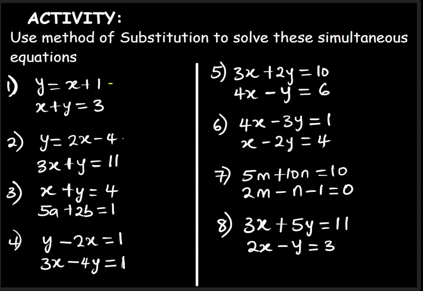So you don't need to find the subject of formula again. You only substitute what is in equation 1 into equation 2. Just substitute the value of y in equation 1 into equation 2, and that will lead you to your solving. So it's from number 3 to number 8 that you now have to make one of the variables a subject of formula. That's all we are going to have for the substitution method.